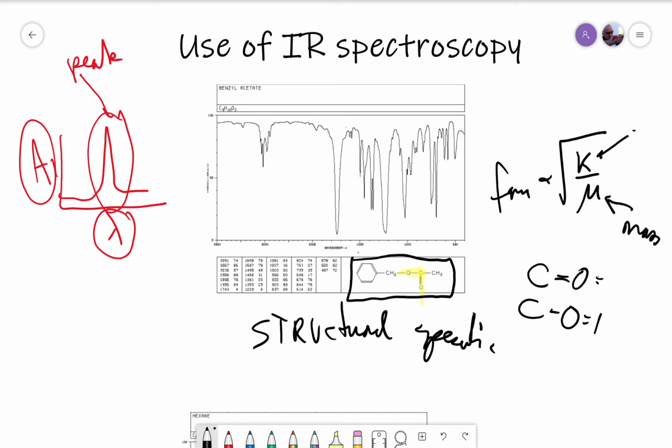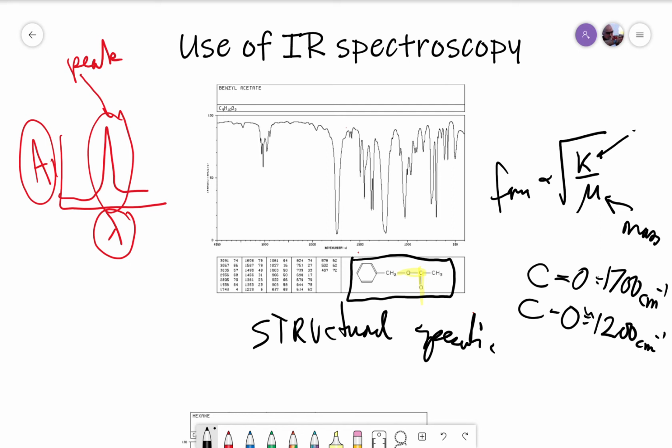The CO bond approximately shows at 1200, and the C double bond O, because it has a double bond and it's stiffer, should be higher, and it is. It always shows up at about 1700 reciprocal centimeters.